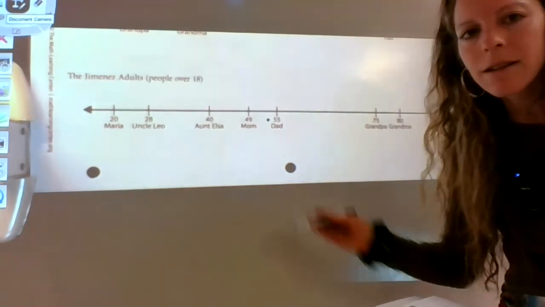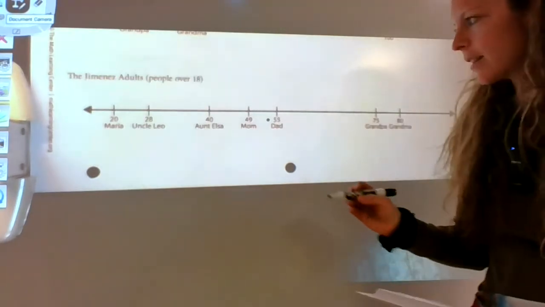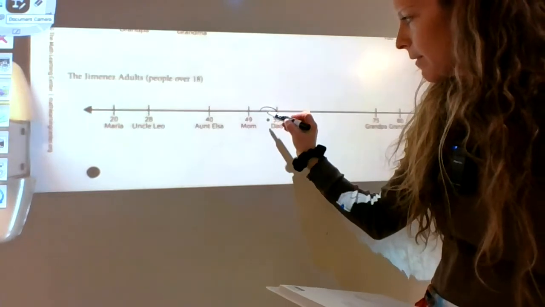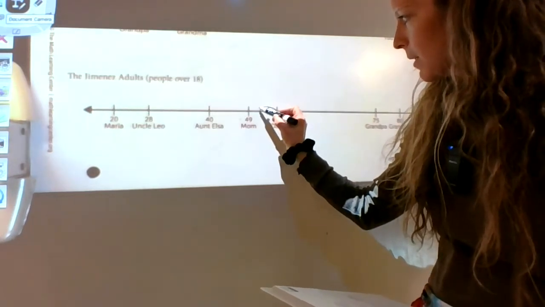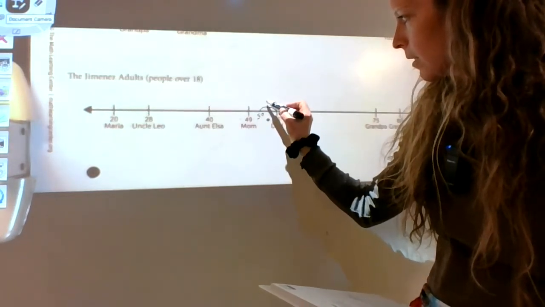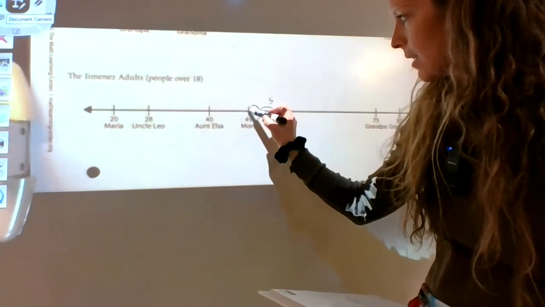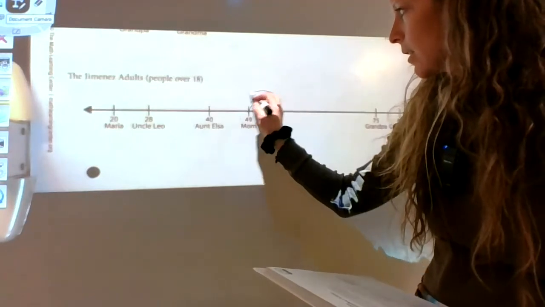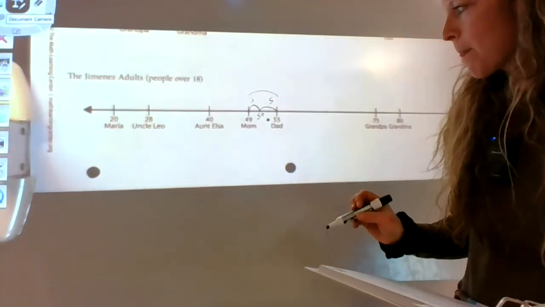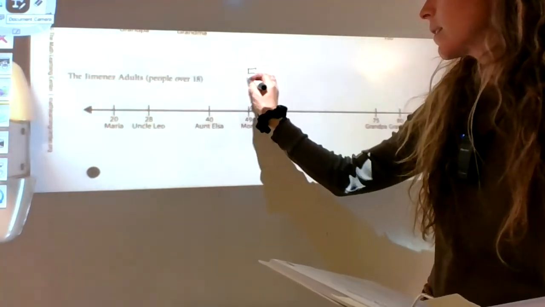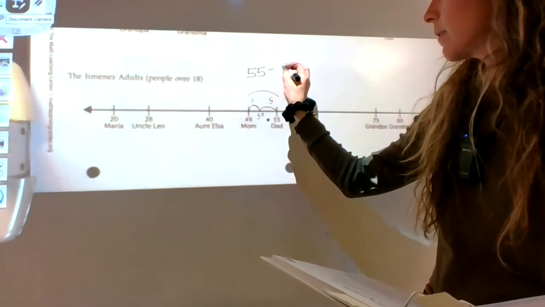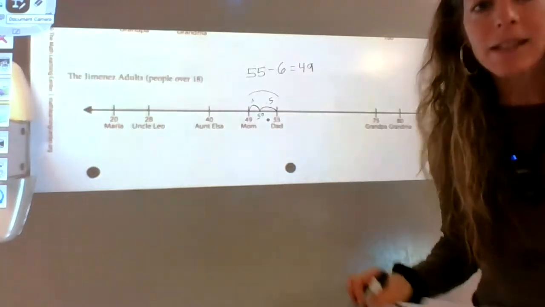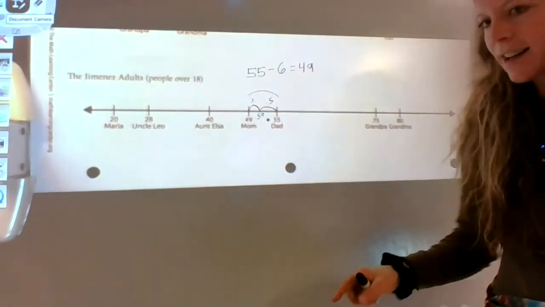Can you use that jump of 5 to get there first and quicker? 55 minus 5 gets me to 50. Minus 1 more gets me to 49. So that total is 6. Minus 6 equals 49. So Mom is 6 years younger than Dad.